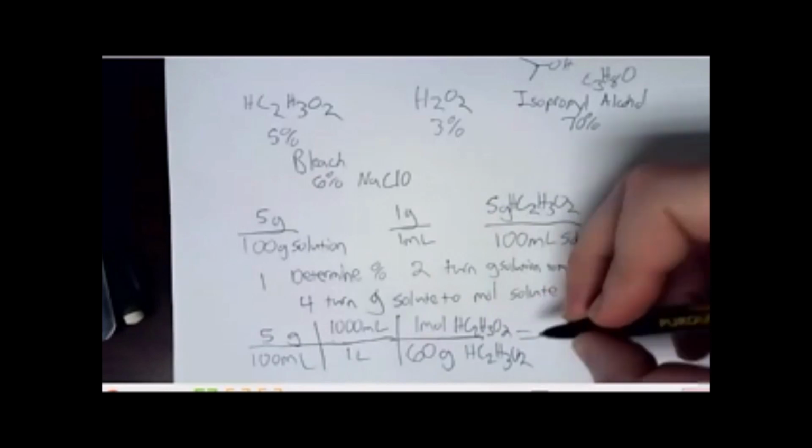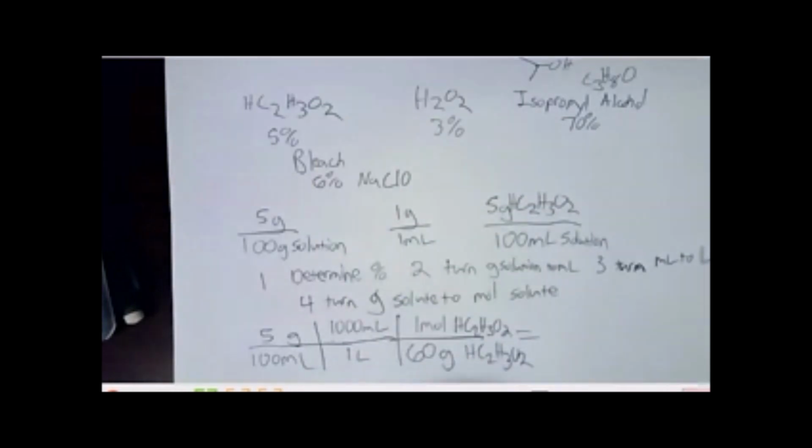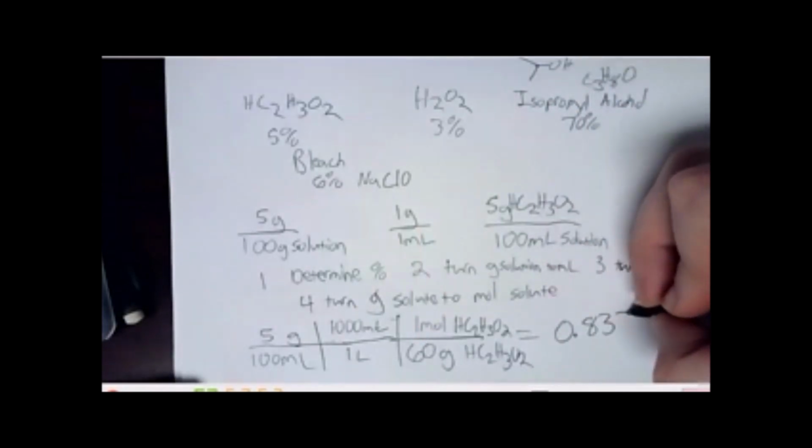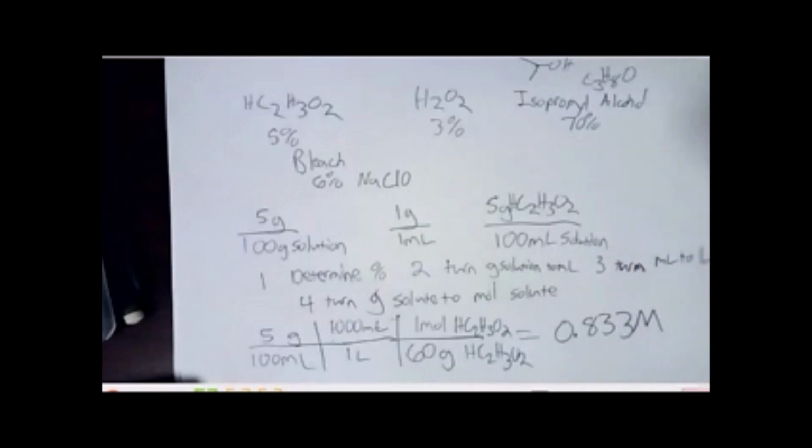Doing that, 5 divided by 100, but times 1,000 divided by 60. So 5 times 1,000 divided by 100 divided by 60 gives 0.833 molarity.